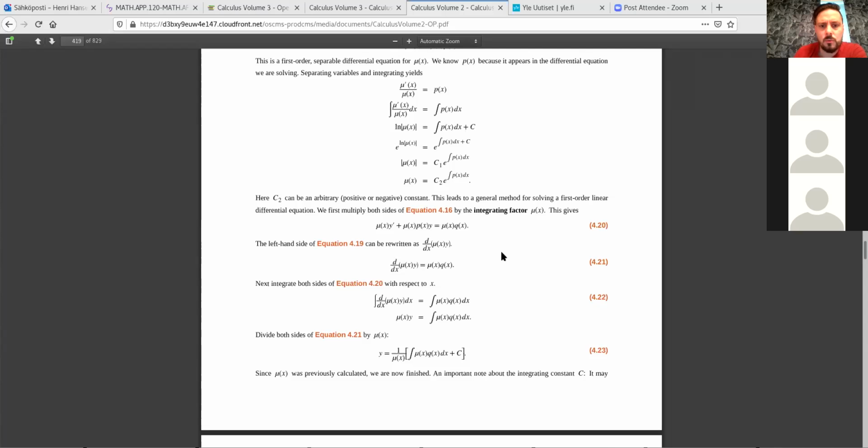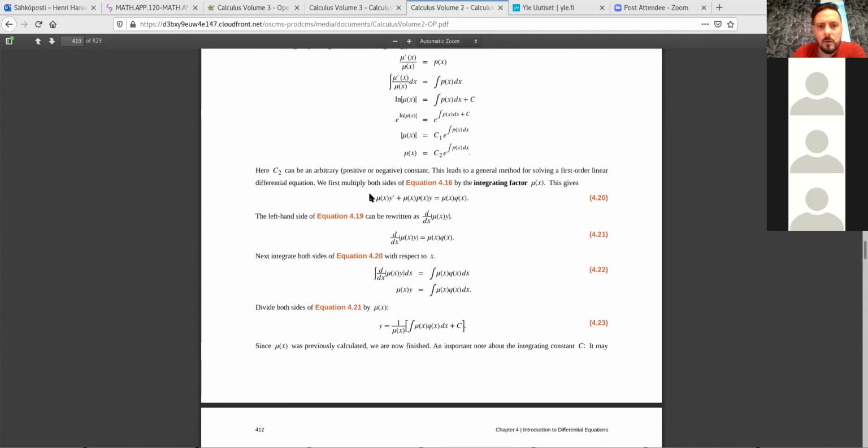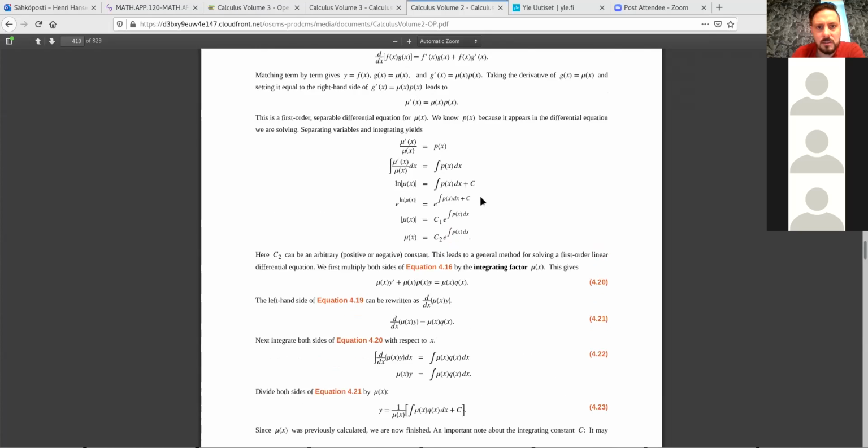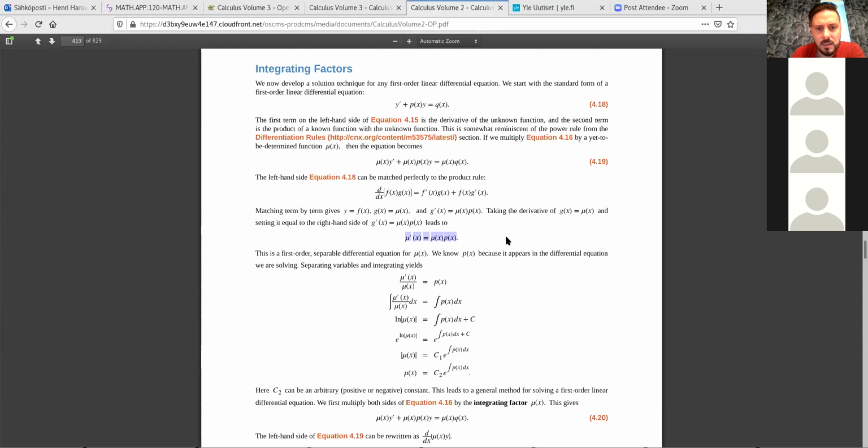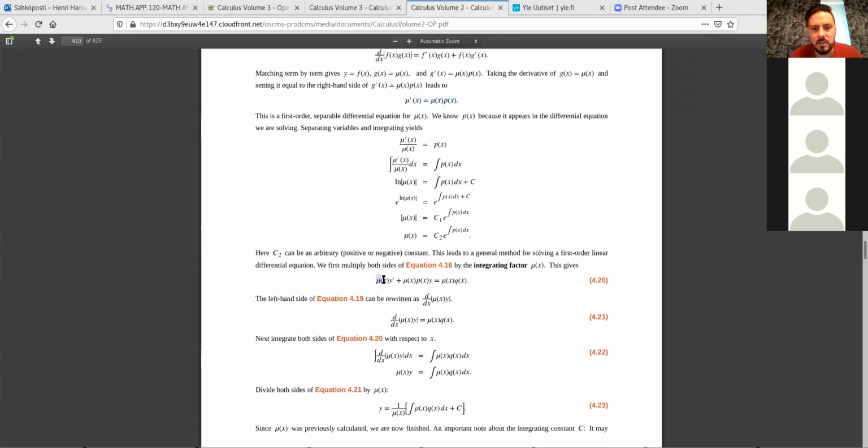Once we do this, because we found a function that satisfies this equation, we punch it into this. Then the left-hand side is simply the derivative of mu of x times y. I mean, it's using y, but it's actually y of x. And then the right-hand side is just mu times q of x.